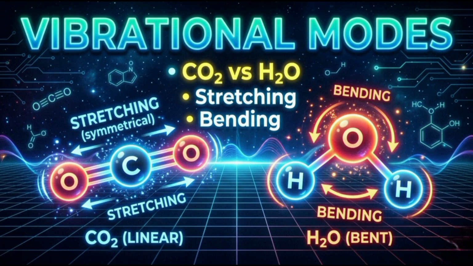For a linear molecule like CO2, the number of vibrational modes is 3n-5, giving 4 modes. However, the two bending modes in CO2 are degenerate, meaning they have the same energy. Also, the symmetric stretch in CO2 is IR inactive, as it does not produce a change in dipole moment. These vibrations help in identifying molecular structure.